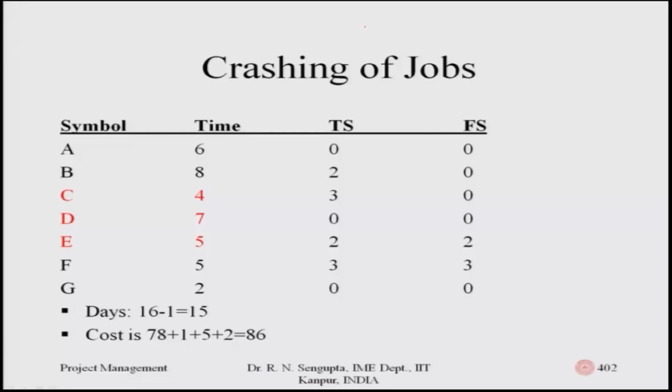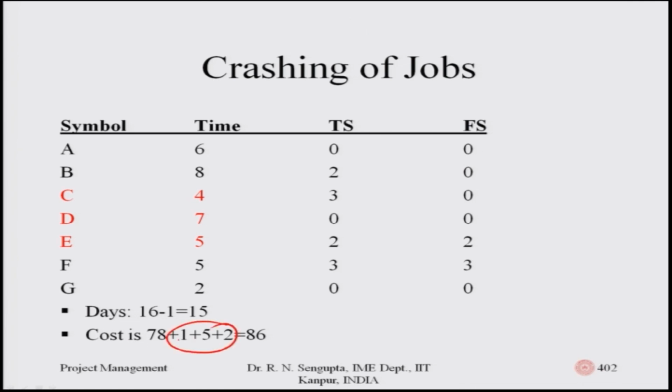Now, the cost structure, if you concentrate, would increase on 3 accounts. Number 1, 1 day reduction in C. Number 2, 1 day reduction in D, and number 3, 1 day reduction in E. So, let us concentrate on the reduction.